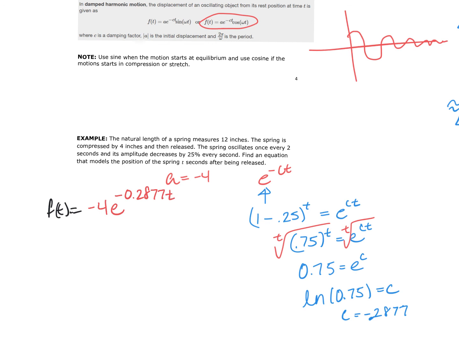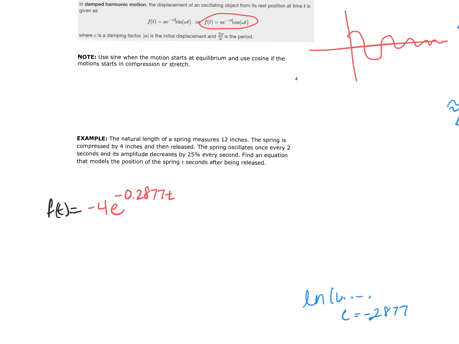Now, I'm going to go ahead and erase this because I need some space. We know that the spring measures a length of 12. So that's where our baseline is moving to, and then it's going to go up and down from 12. If I were to graph this cosine wave, I would be in compression of 4 inches, so down 4 inches, 12 minus 4.